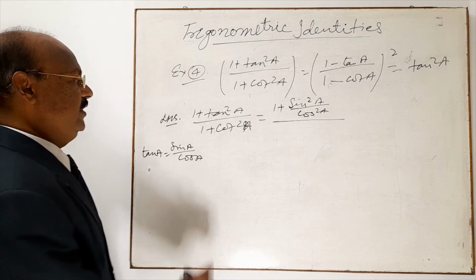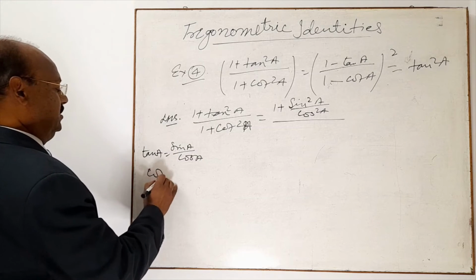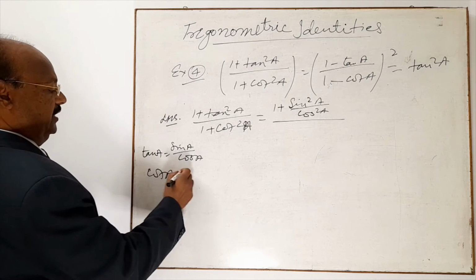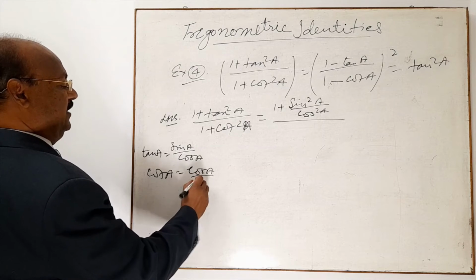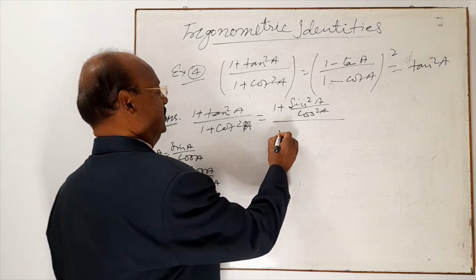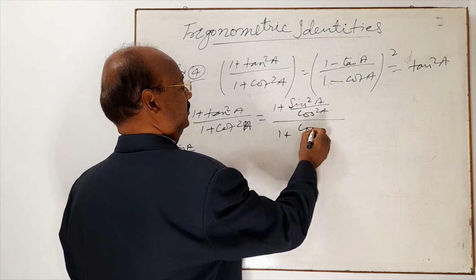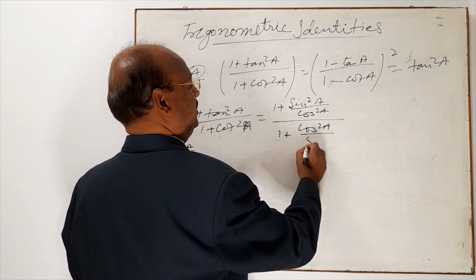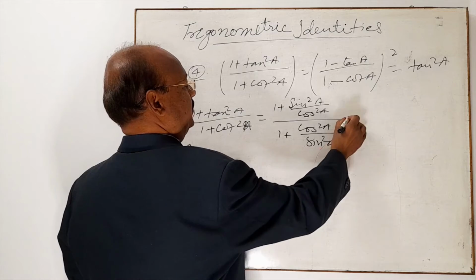Similarly, in the denominator, cot A is the reciprocal of tan A, meaning cos A by sin A. So this can be written as 1 + cos²A/sin²A.